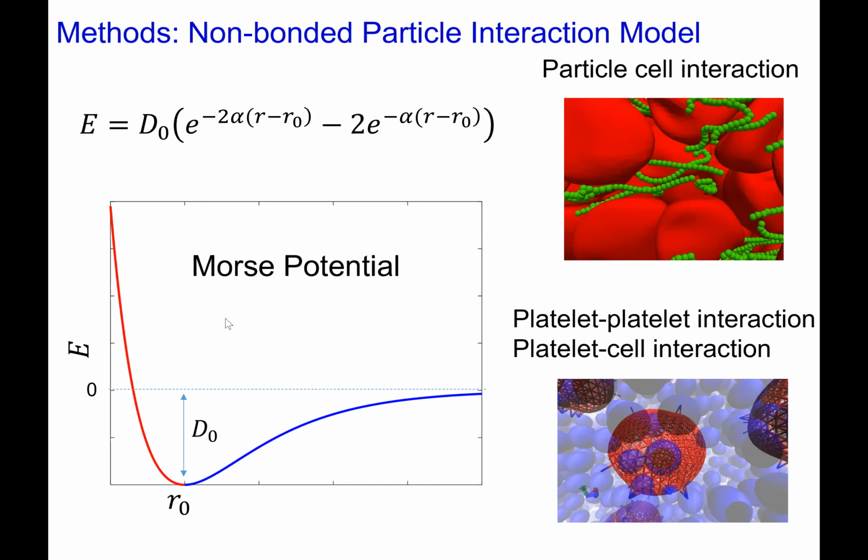In our model, no, we didn't consider that. When they bond together, the spring constant is still the same, but we can change that if, say, we define a status variable to track the activation status of the platelets. Once the platelet is activated, we change it to a new set of parameters. It's doable, but in the current model, we didn't implement that.